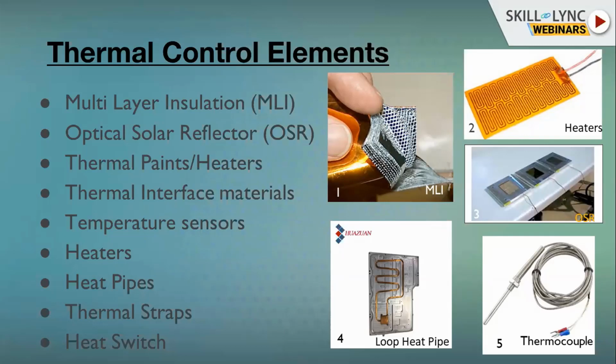Now, thermal paints and heaters. Thermal paints can be electrically conductive and non-conductive also. These paints basically help in optimizing the surface optical properties of the spacecraft.